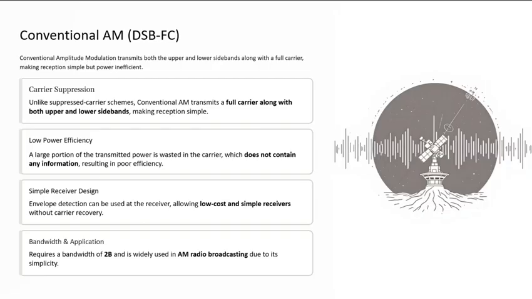The problem is that the carrier carries no information but still consumes a lot of power. So the power efficiency is very low, but the receiver is very simple because we can use envelope detection and no carrier recovery is required. That is why it is still used in broadcasting.